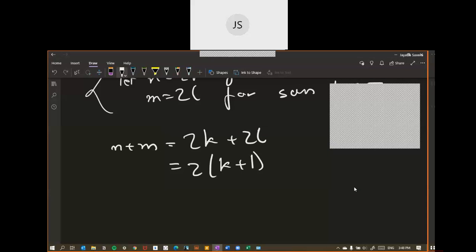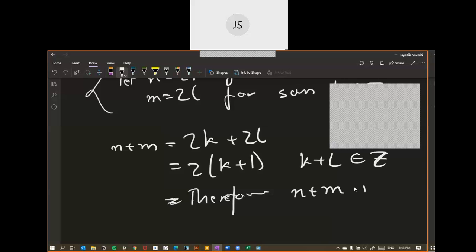But remember that since k is an integer and l is an integer, k plus l is also an integer. And hence, this is being written as an integer times 2. Therefore, we can say that n plus m is even.